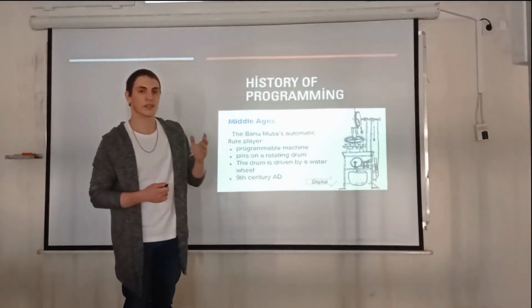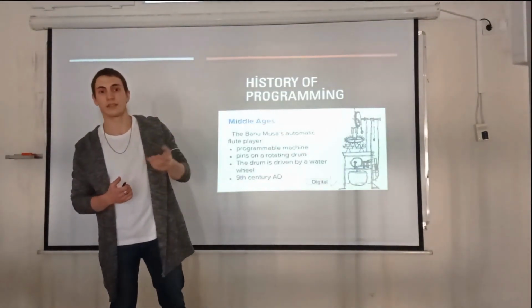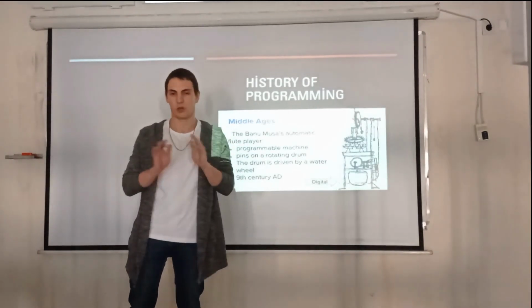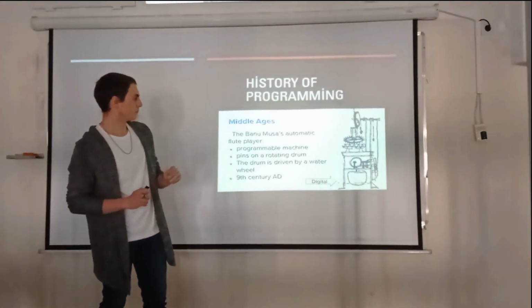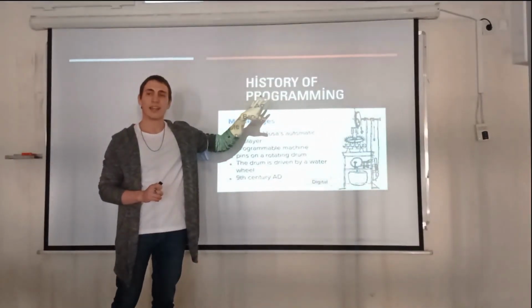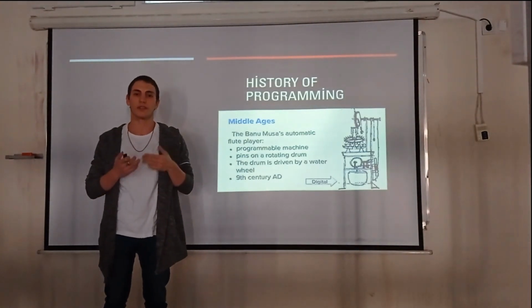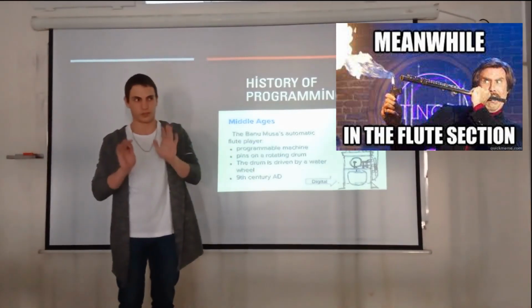The first example of programming existed as early as the 9th century. By the way, you're right, there is no computer or other technological device. But in the 19th century, Pershing Bali Musa invented an automatic mechanical flute. Yes, flute. Everyone knows what a flute is.